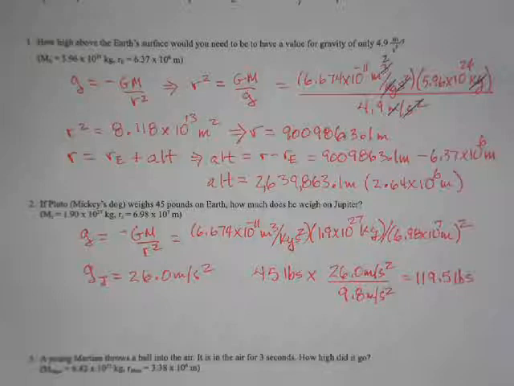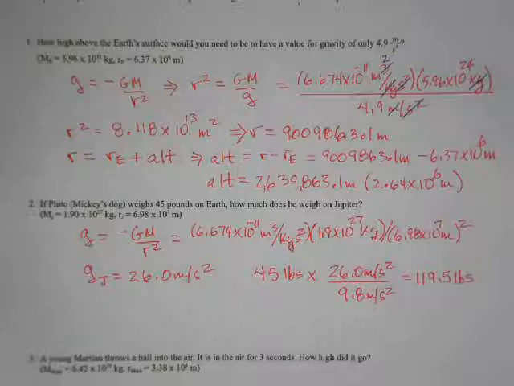The sun is like 30 times what it is on Earth. And so, instead of hundreds of pounds, it'd be thousands of pounds if you could literally walk on the sun.